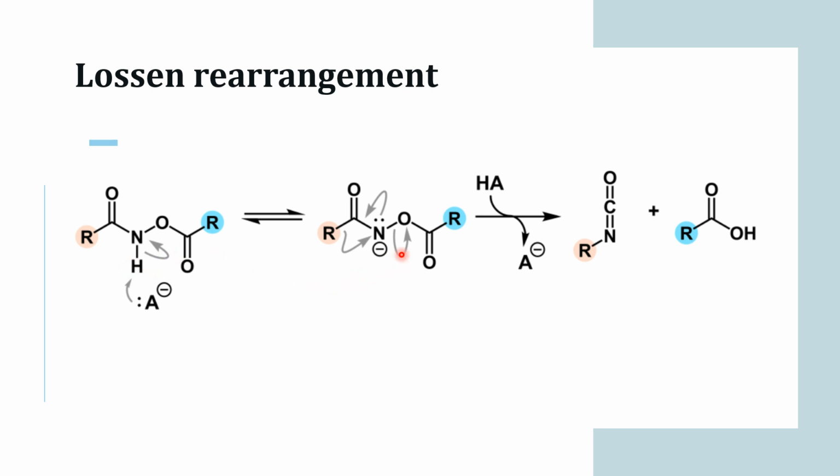Then this negative charge will push its electron pairs towards the carbonyl group, and the alkyl group will hence migrate to the negatively charged nitrogen atom, leading to the breakage of the nitrogen-oxygen bond.